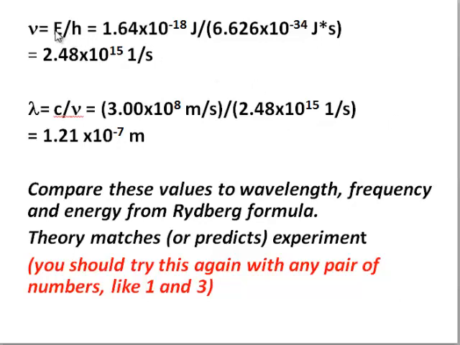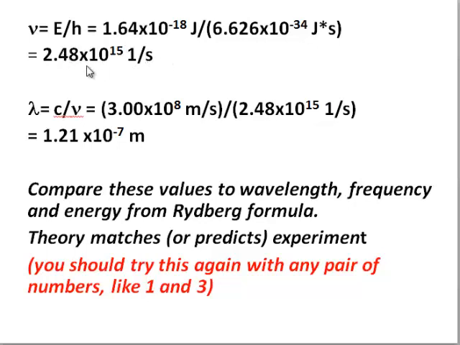Alright, frequency, as usual, is found by taking the energy of the photon, which we just calculated, and dividing that by the Planck constant, which we know from the last lecture. 1.64 times 10 to the negative 18 joules gets divided by 6.626 times 10 to the negative 34 joule seconds. The units that survive are reciprocal seconds, and we have 2.48 times 10 to the 15th reciprocal seconds.